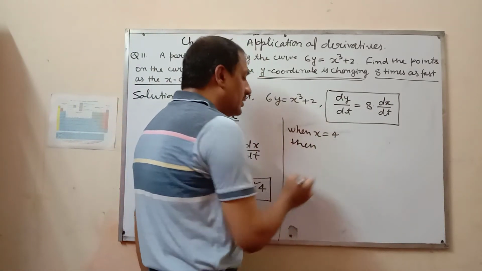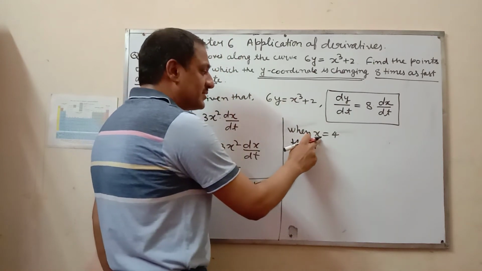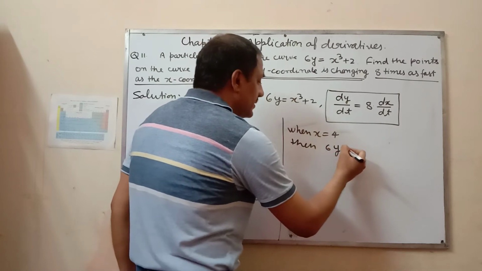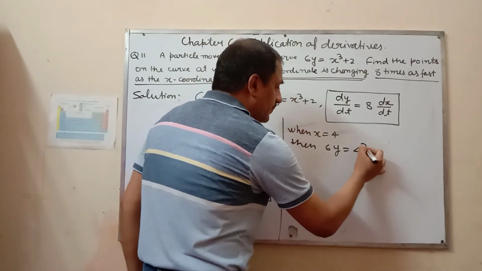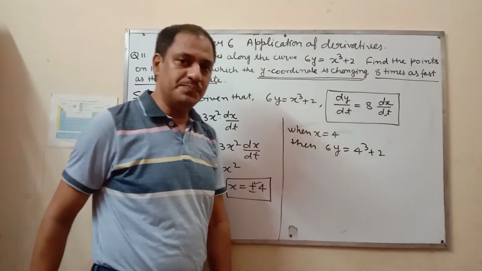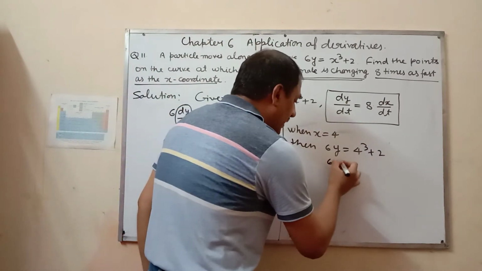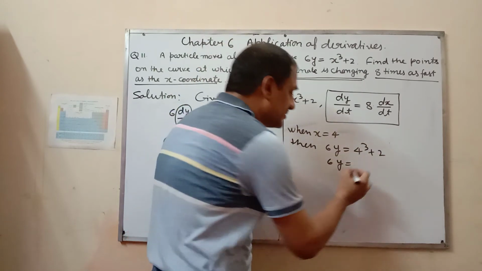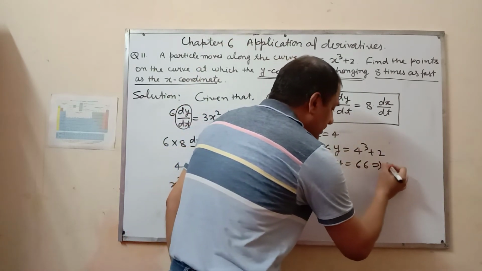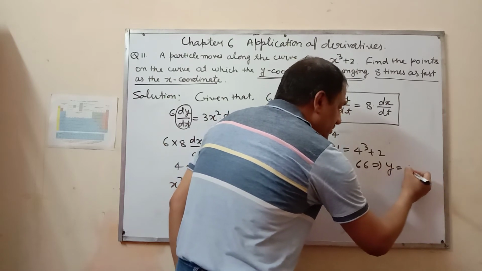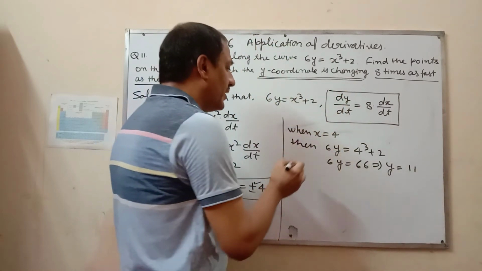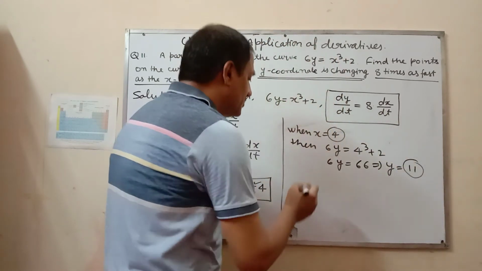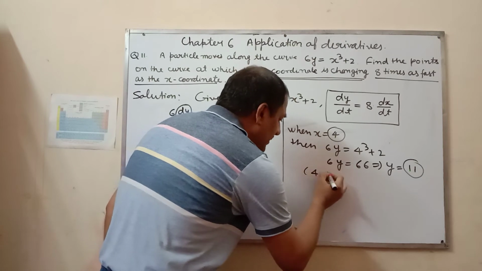Here I am going to put the value x = 4 in this curve. 6y = 4³ + 2. 6y = 64 + 2 = 66. It gives y = 11. For x = 4, the value of y is 11. Hence the point will be (4, 11).